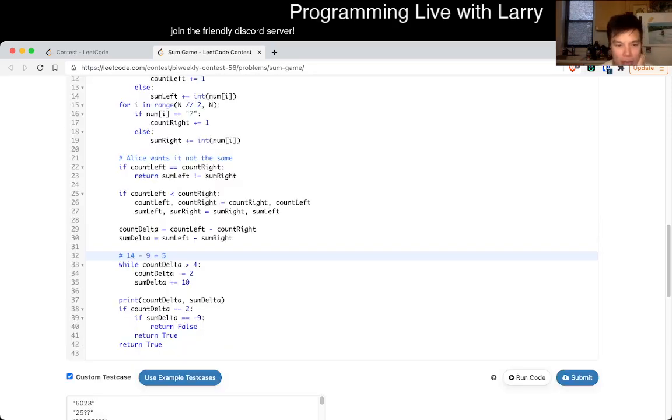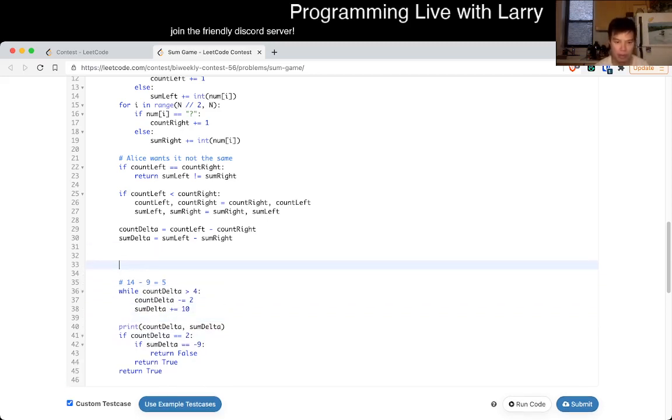Basically, you want to get to 9 here. Are you able to do it? That's what Bob is trying to do, right?